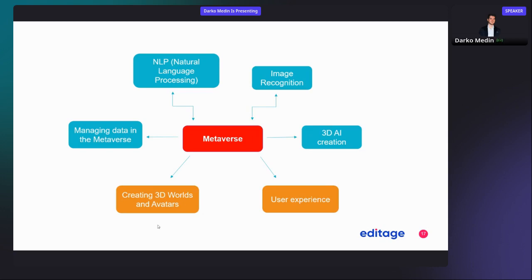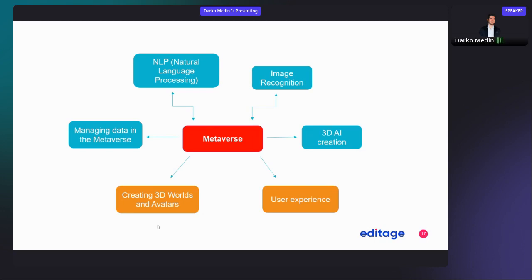One way is, of course, to have a very good translating algorithm that will automatically translate anything people say, even if they're speaking different languages. And this area is called NLP, or natural language processing.